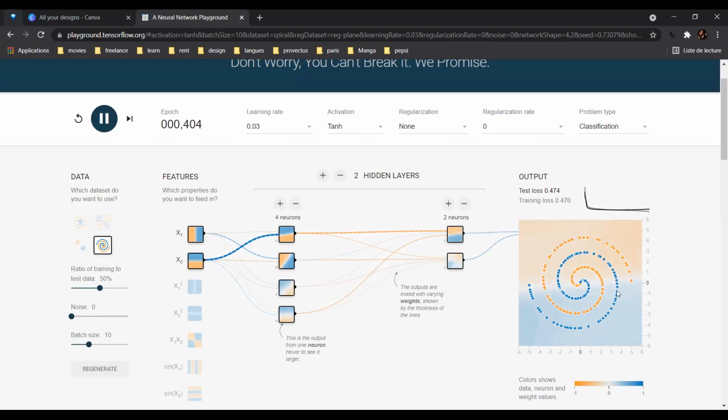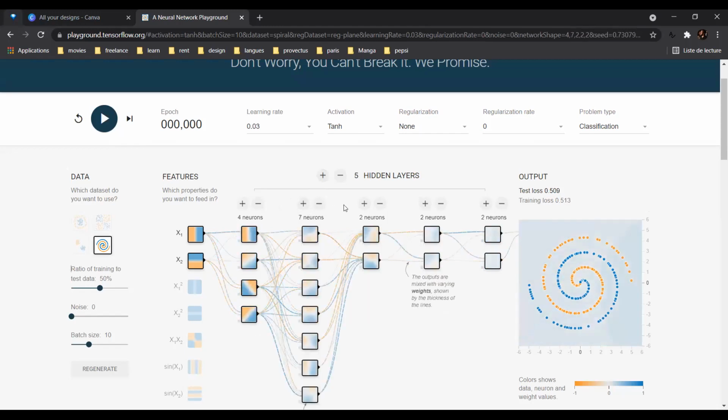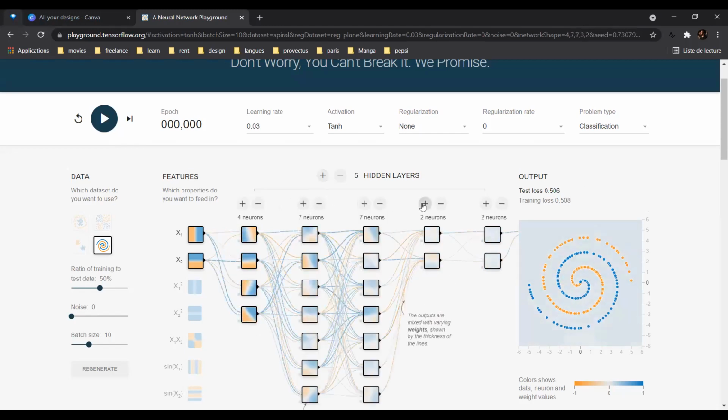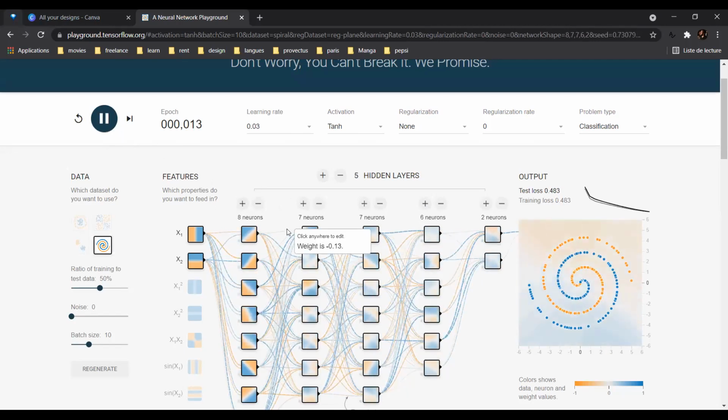Do you think the neural network can easily separate these two? Yes, it can if we add a little bit more. So this is the shape of the neural network that we are working with. So as we said, a bigger neural network has better chances in learning the data than a smaller neural network.